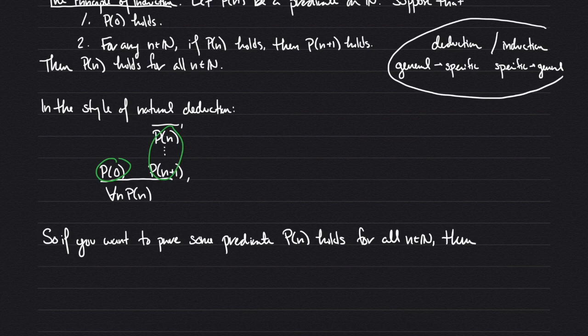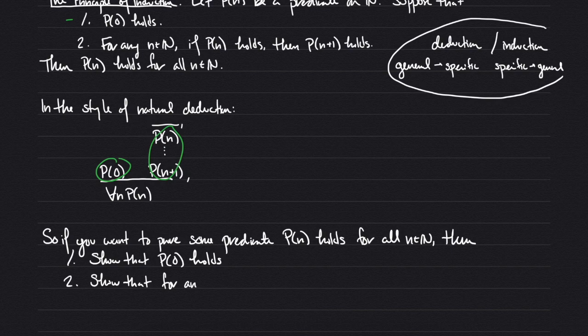First of all, show that P of 0 holds, so we're checking off this box. And then we also have to show the second part: that for any n in the natural numbers, if P of n holds, then P of n plus 1 holds.